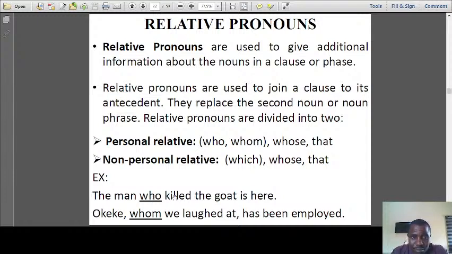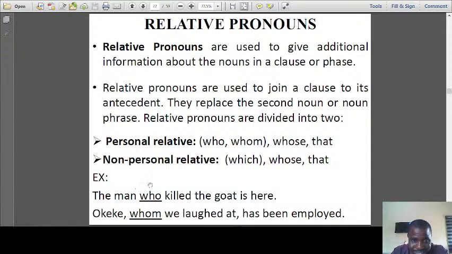But when we begin to discuss clauses, "who killed the goat" will serve as an adjectival clause. But here we are looking at a particular word replacing a noun or noun phrase.